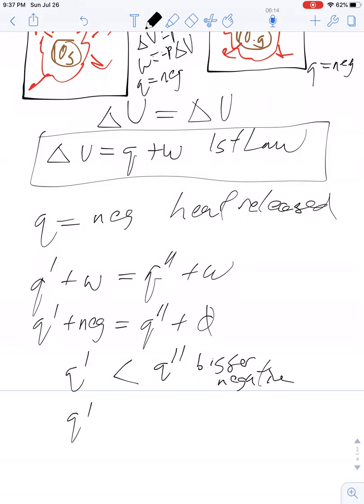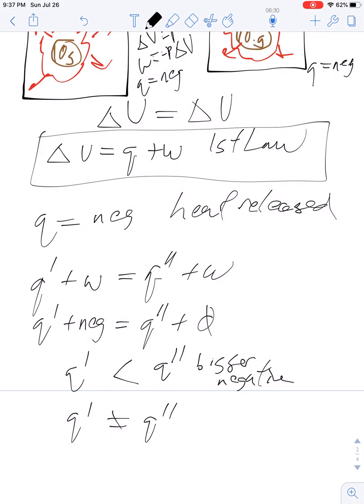So Q prime cannot equal Q double prime. Even though I've got 10 grams of propane, the amount of heat released depends on whether or not the piston is fixed.